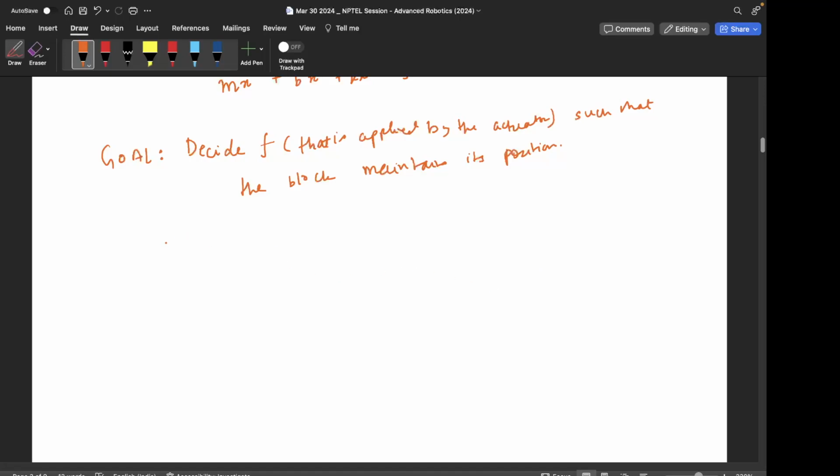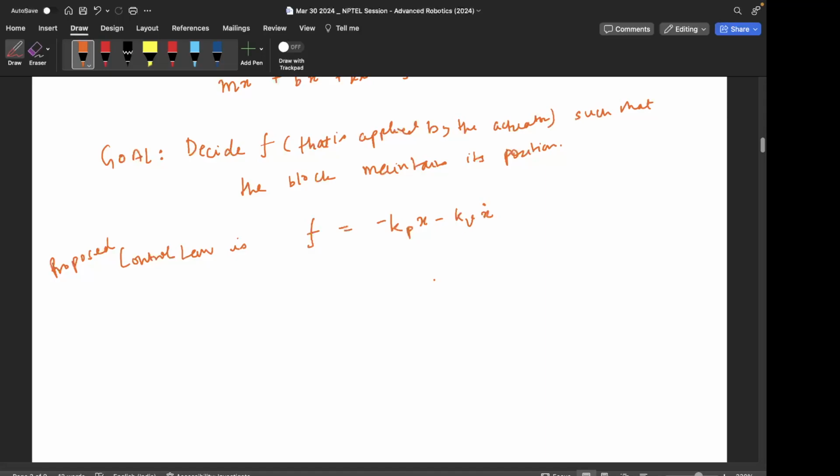So the control law that we propose here is F is equal to minus kp x minus kv x dot.